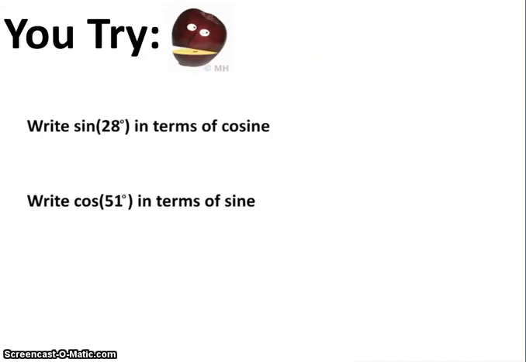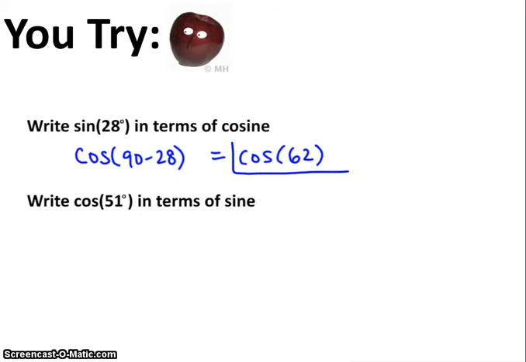Alright, so what I'd like for you to do is take a minute, pause this video and give it a shot. Now that you are unpausing the video, let's check our work. Remember, if it's sine, we want to write it in terms of cosine. We do 90 minus 28, so the answer here is cosine of 62 degrees.